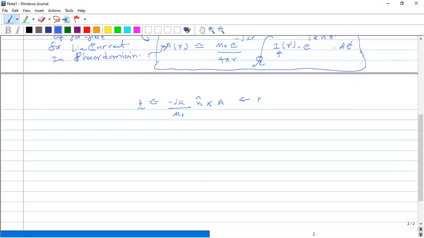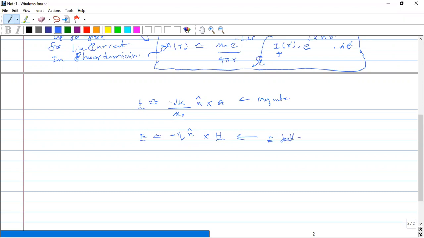And once you have found the magnetic field, you can find the electric field also using this identity: if you multiply H by eta and take the cross product with n hat, you can get the E field also.